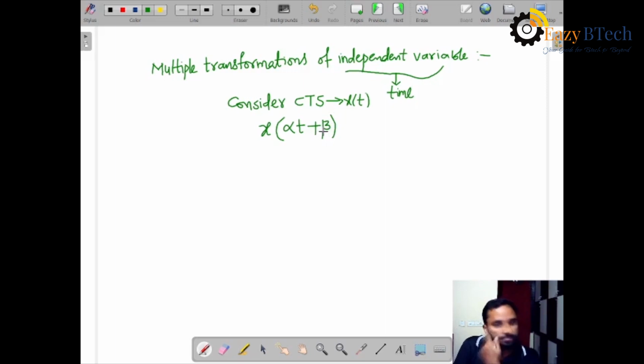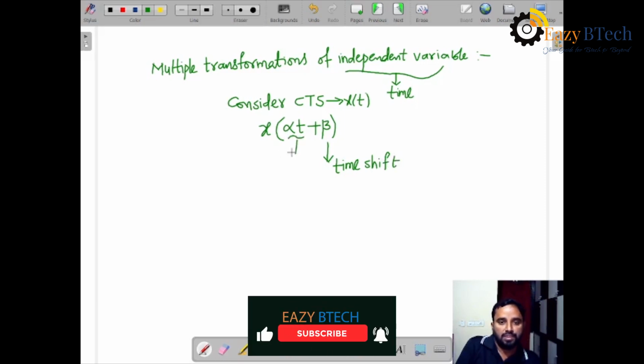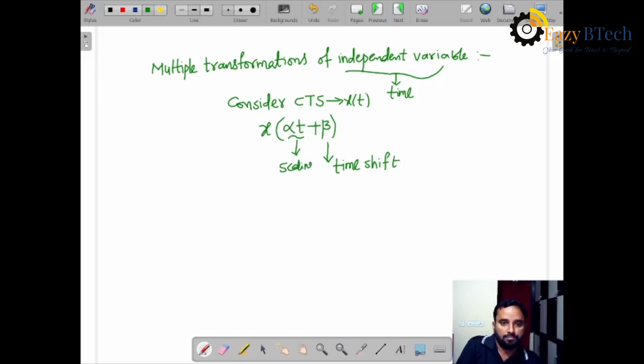This is called multiple transformations of the independent variable, because if you observe, here beta is the time shift, and alpha t indicates time scaling. So two operations are involved, that is why it is called multiple transformations.